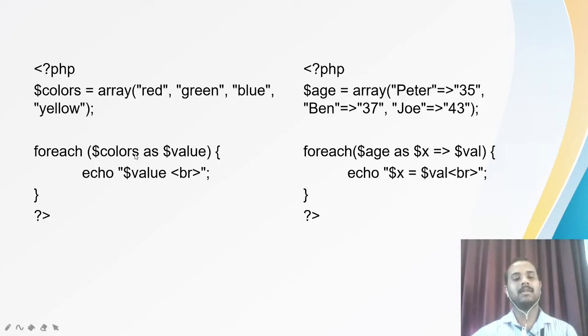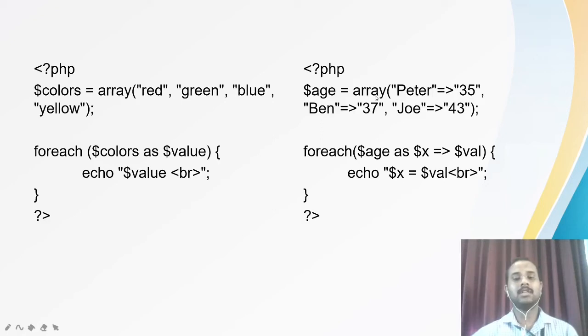Again it will come back. Dollar colors, the third element is blue. So blue is stored in dollar value now, and it will get printed. Next is yellow, the last element, so yellow will get printed. Now when it comes back, it will not have any array element, so it will be false and it will come out.